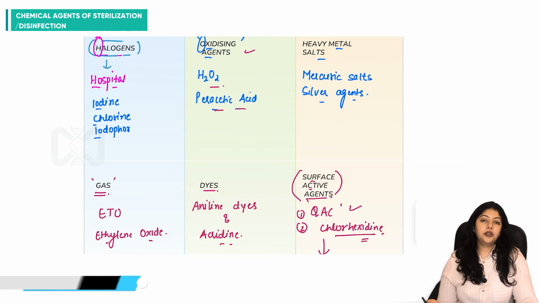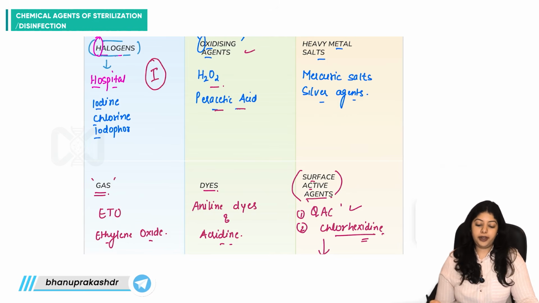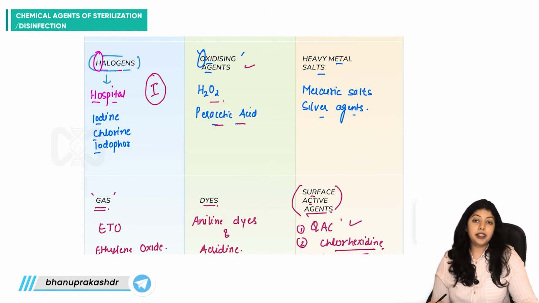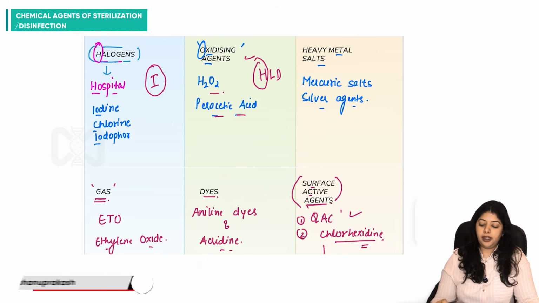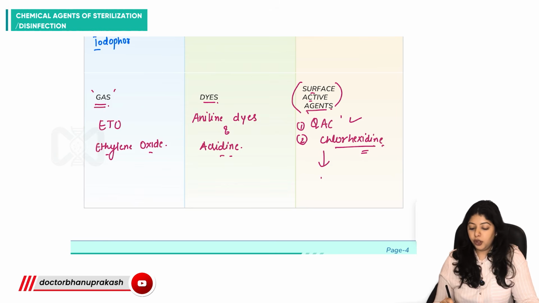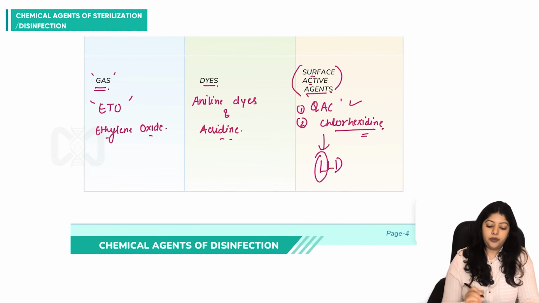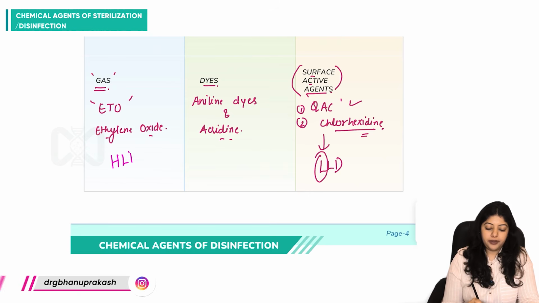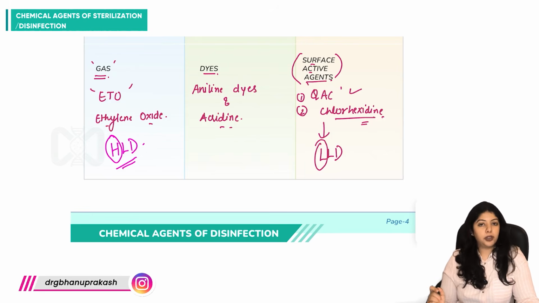Now, these halogens will be classified under intermediate level disinfectants, whereas the oxidizing agents will come under high level disinfectants. And then the surface active agents will be classified under low level disinfectants, and ETO will be classified under high level disinfectants. So these are the important categories and their spectrum of activity.